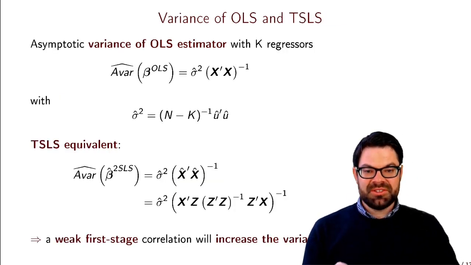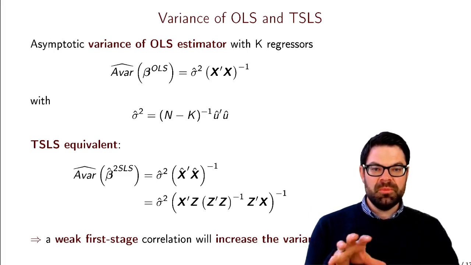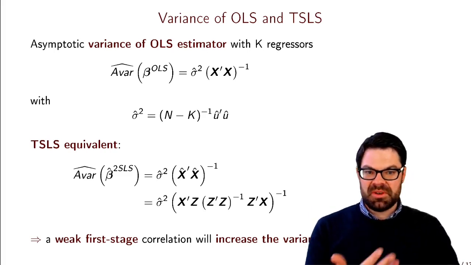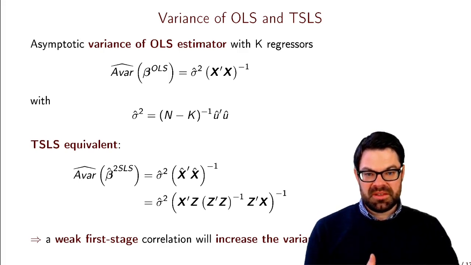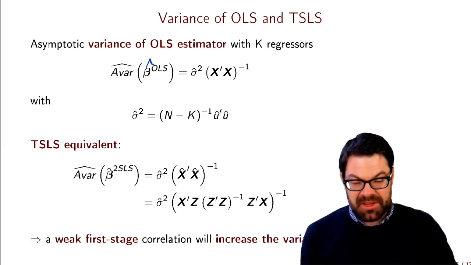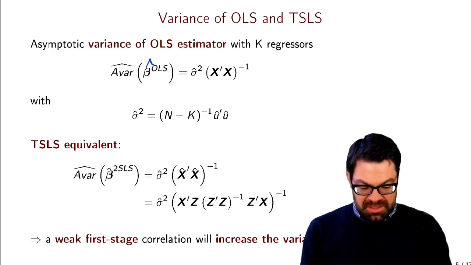And then comes the question of what does this do to statistical inference? We know from master's or undergrad level econometrics that asymptotically the variance of the OLS estimator, it should actually have a hat here, is as follows.